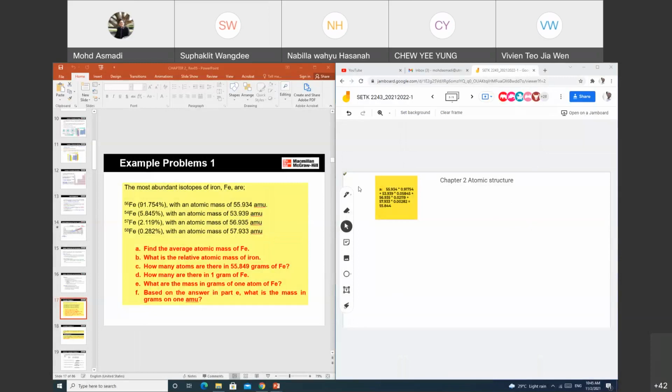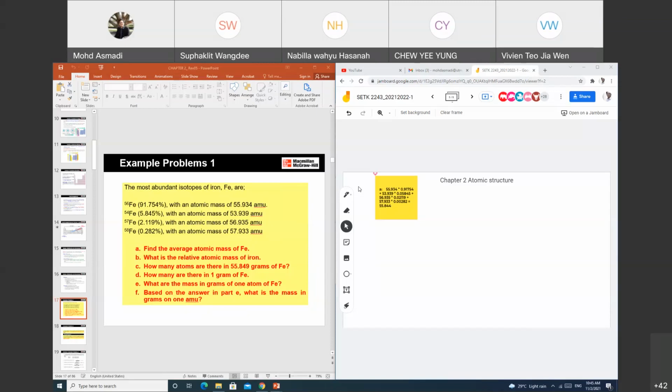So 55.84. Okay. What is the unit? Grams per mole. What is the unit? AMU, right? Yes, should be AMU. Average atomic mass.